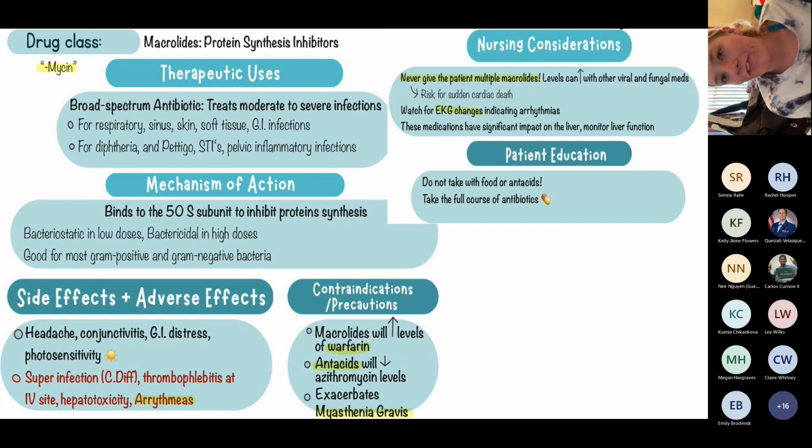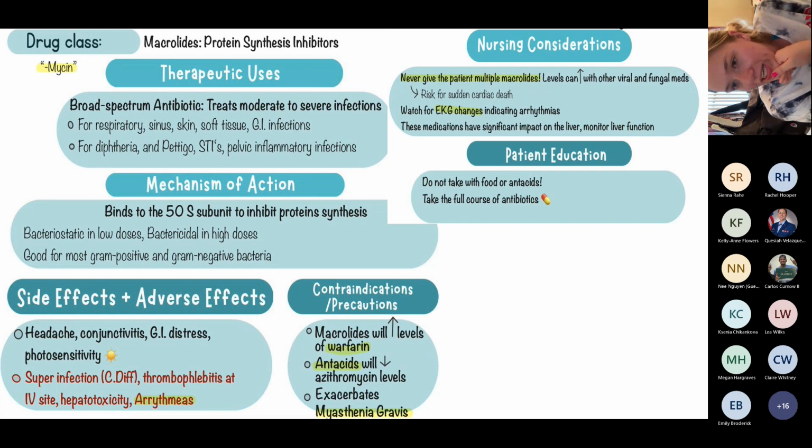Up next, we have our macrolides. These usually end in micins, or MICIN. But essentially, what our macrolides do is they are really good infection fighters. But unfortunately, we want to consider the heart when we're considering macrolides, because these can really cause some EKG changes.